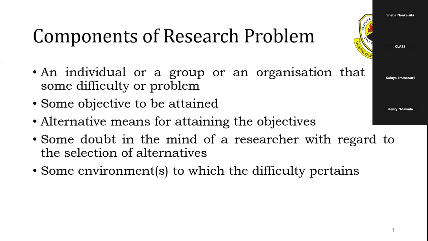A research problem is normally experienced by an entity, so an individual, a group, or an organization. And when you look at the research problem, there's some objective that needs to be attained.